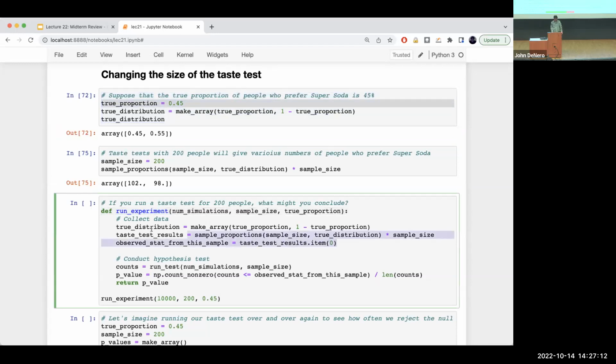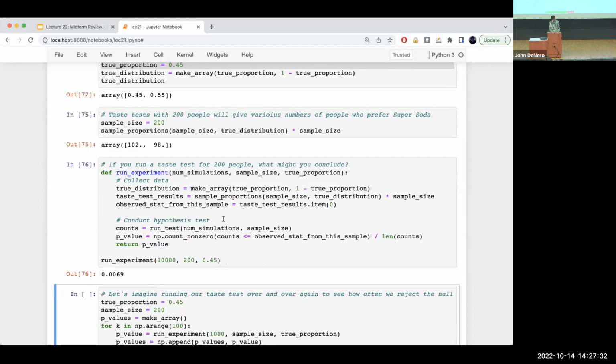We went through and collected data many times, and for each data collection that we performed, we ran a hypothesis test and returned a p-value that told us whether or not we could reject the null hypothesis that the preference in the population was even.